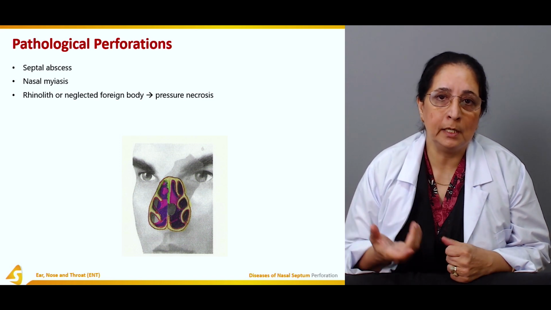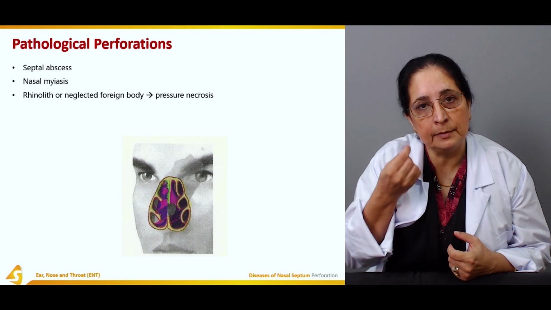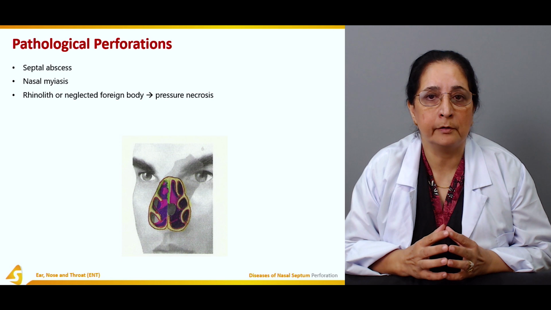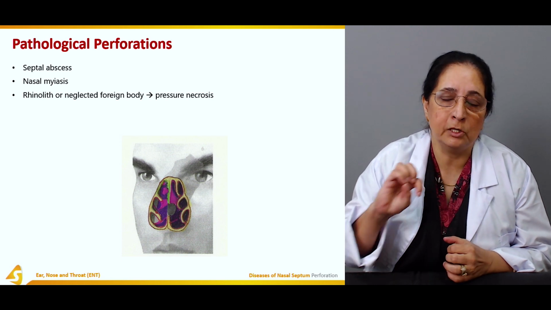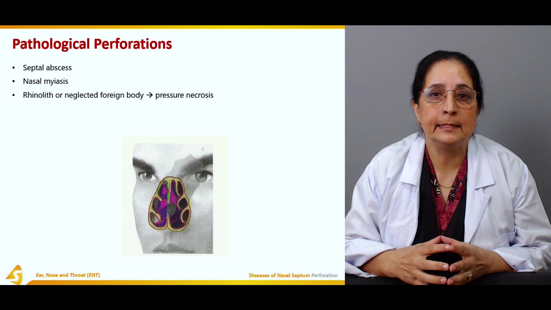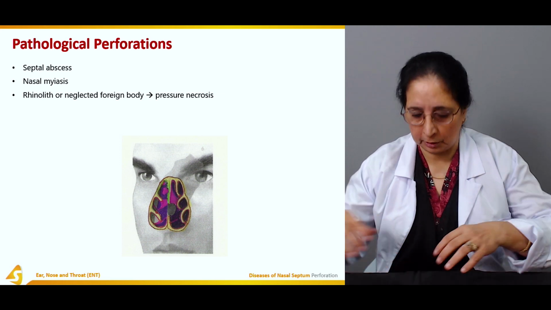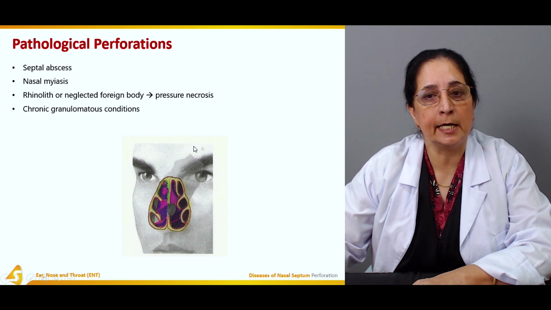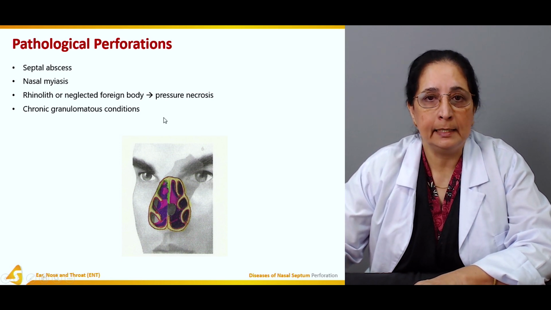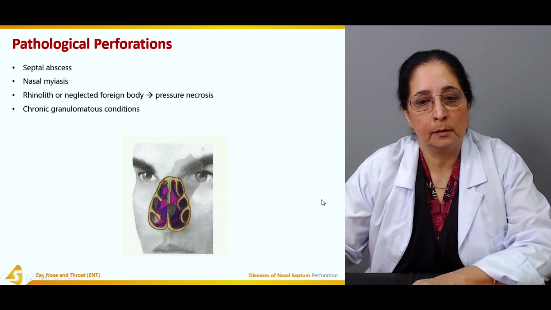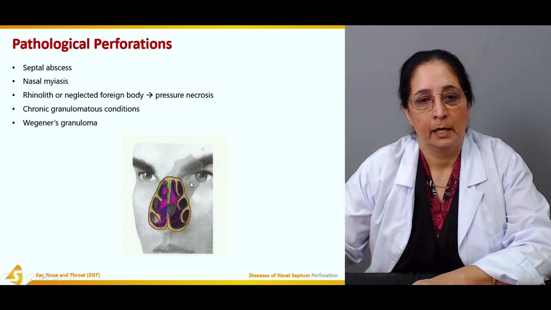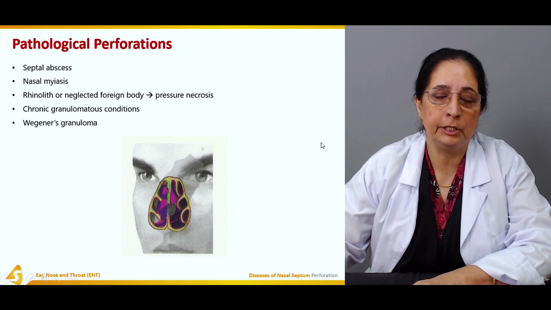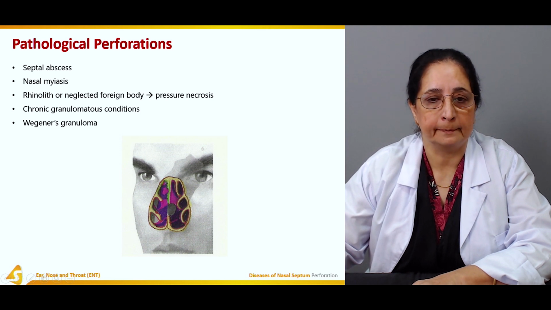So any stone in the nose, and sometimes the foreign body gets obstructed, and if those foreign bodies are not removed, as a result of pressure on the septum, this can lead to the perforation of the septum. Chronic granulomatous conditions also can lead to septal perforation. Wegener's granuloma is another condition that leads to the perforation of septum.